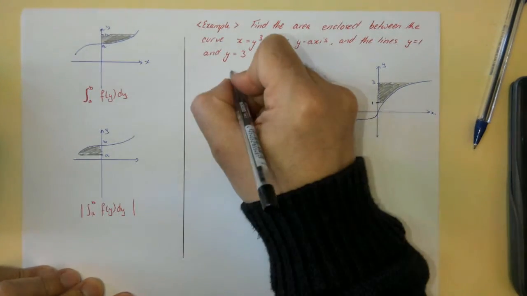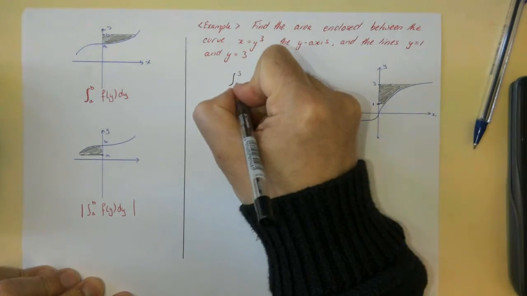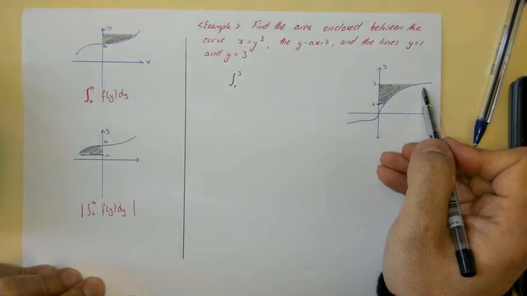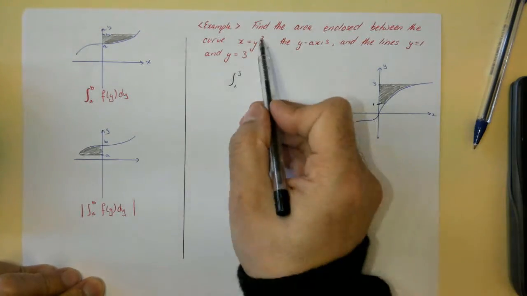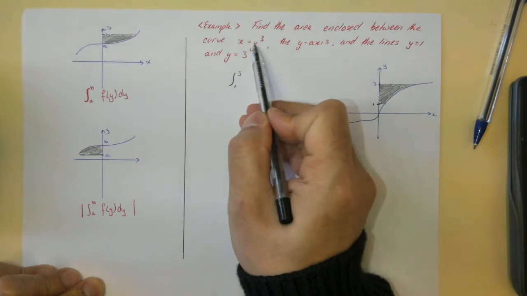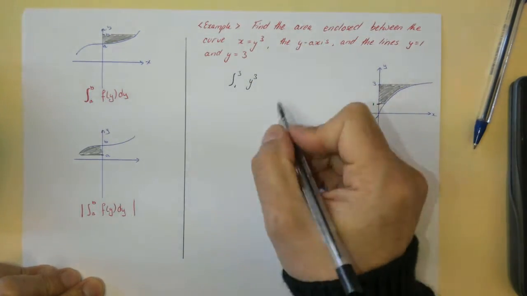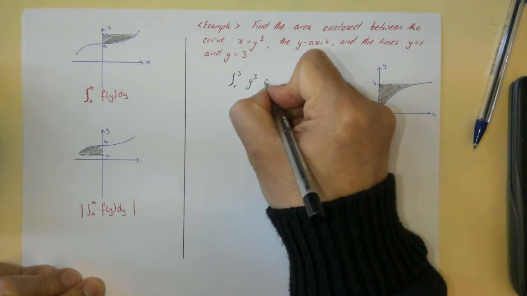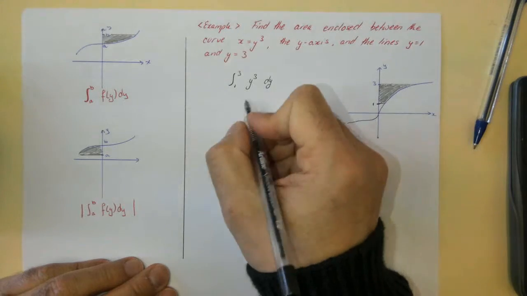Okay, so we're going to integrate between 3 and 1, and we want the function in terms of x equals, and in this situation it already is x equals y cubed, and we're going to integrate that with respect to y. So it's going to be dy.